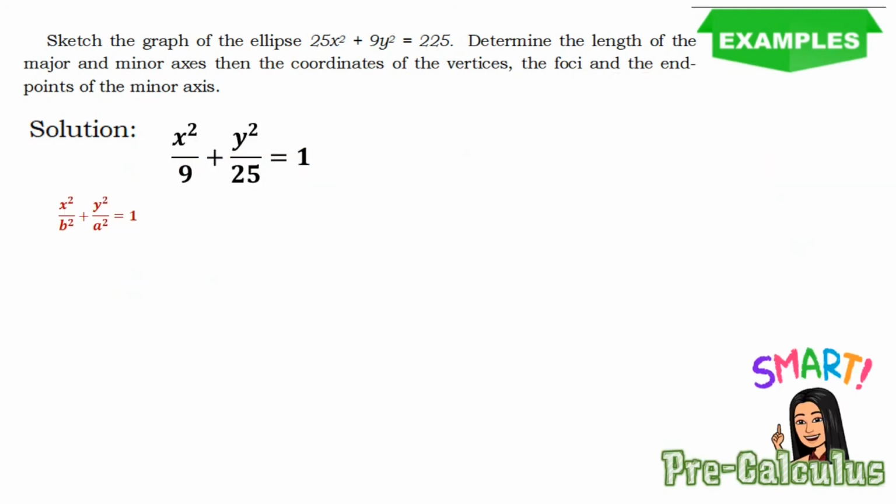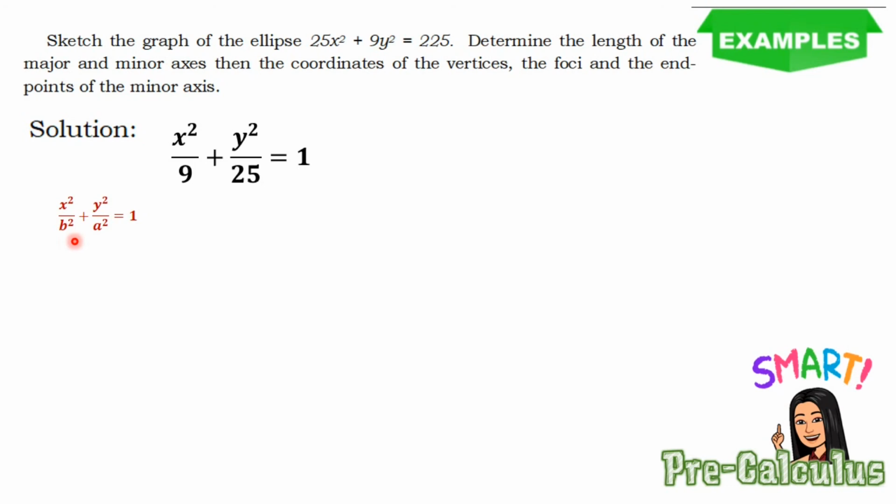After identifying if our ellipse is vertical or horizontal and getting the standard form of equation, ayan, nilagay ko siya dito, for us to have a pattern, since merong mga nagkakamali na lagi nilang ina-assume na si A ay nasa unahan, which is not true for this form of equation since our ellipse is vertical.